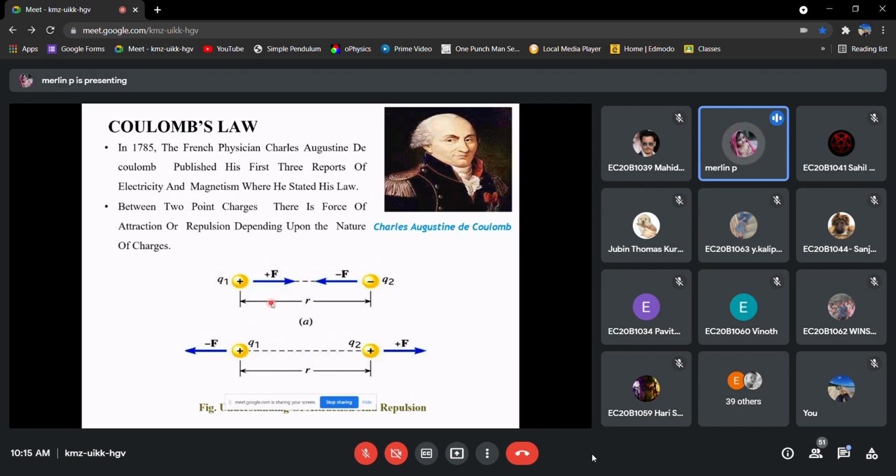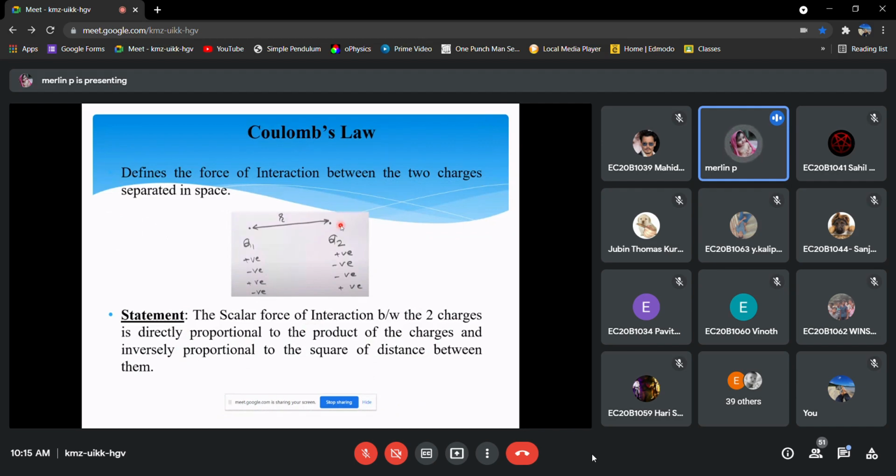So what is the force experienced by a point charge when two point charges are placed in space? That is what he examined, and he produced one law. The charges can be positive-positive, negative-negative, positive-negative, or negative-positive. Opposite charges obviously attract each other, and like charges repel.